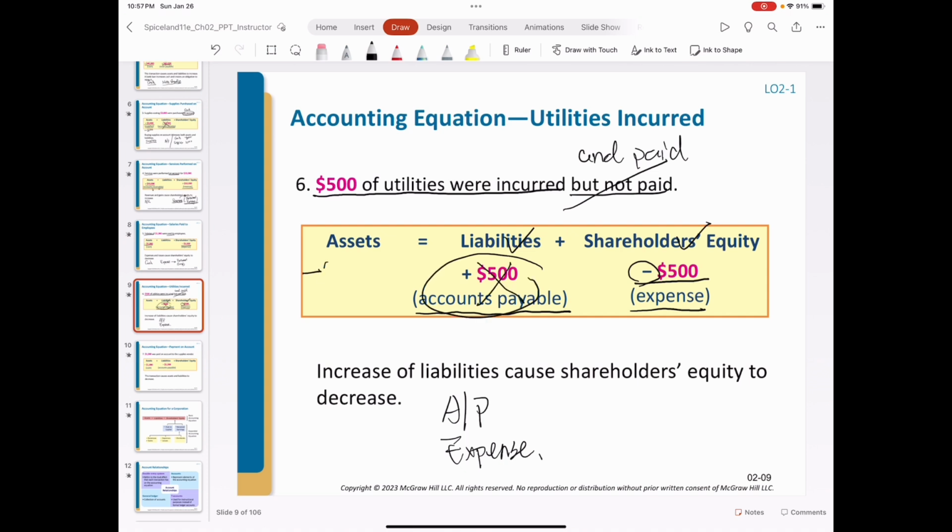Instead, because there's payment, there will be a cash outflow. Again, this also keeps the accounting equation balanced. Both sides negative 500. But in the original example, this increases 500, this decreases 500.